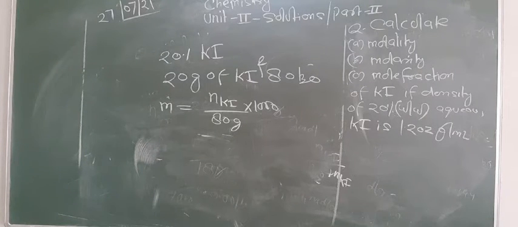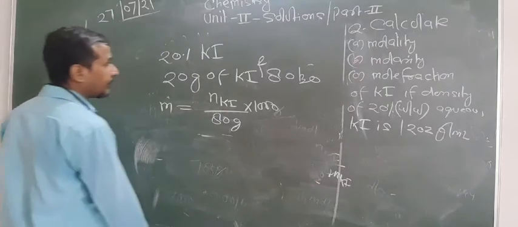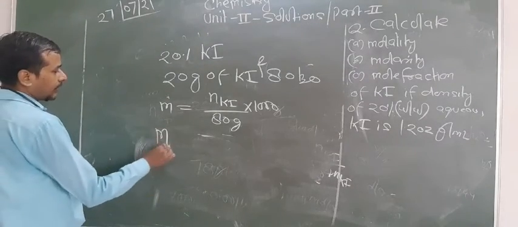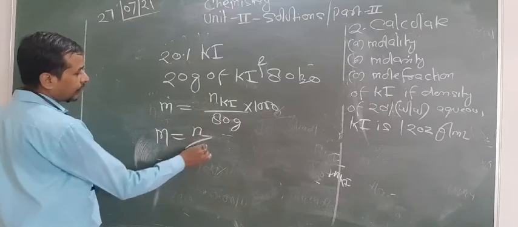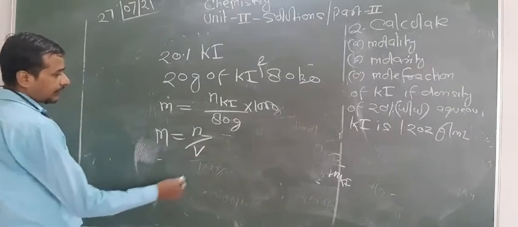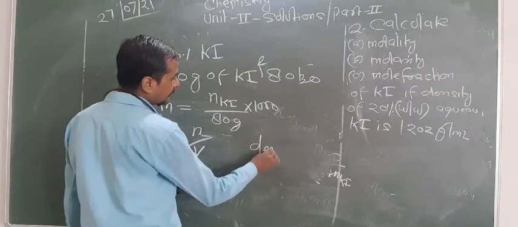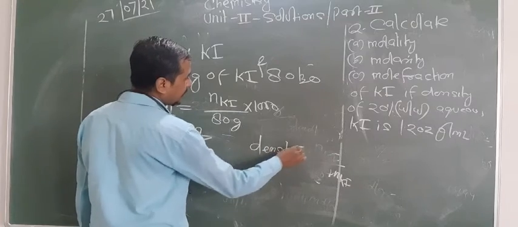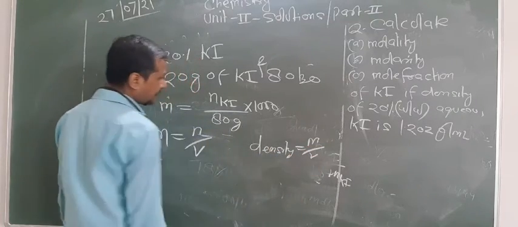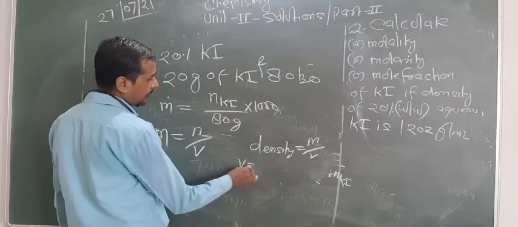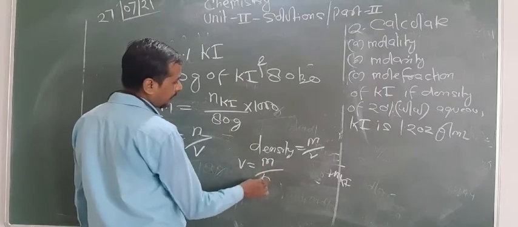Okay. Now we have to find the molarity. For molarity, we require the volume of solution. Here the density is given. Density equals mass by volume, so from this formula we can calculate the volume. Volume equals mass by density.